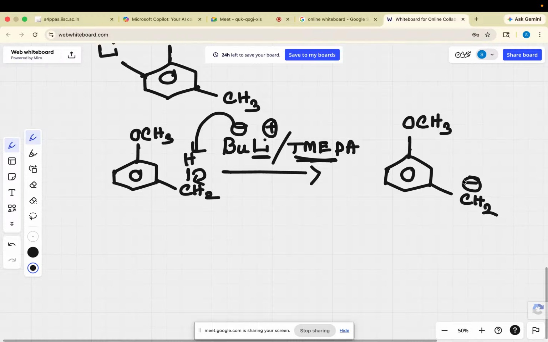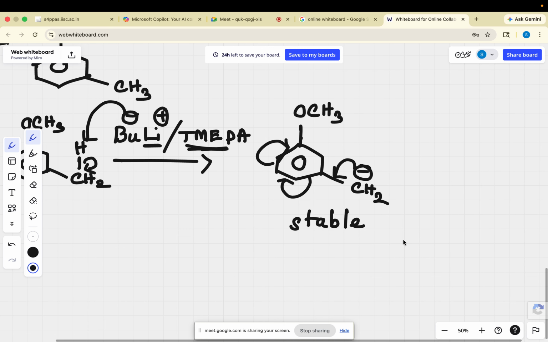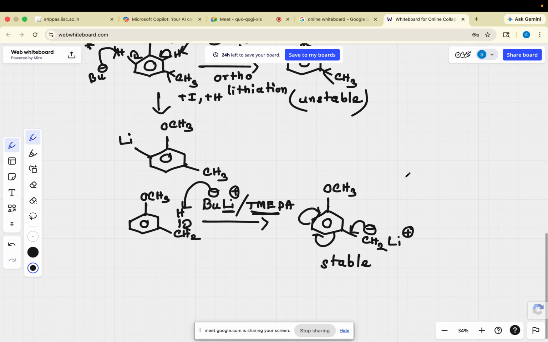Now you can see this CH2 minus is in conjugation with the benzene ring, so it gets stability. It is a very stable carbanion, and that's why this proton is actually the most acidic proton. Clear? So what will you get? You will get this kind of thing, CH2Li, in the presence of TMEDA.